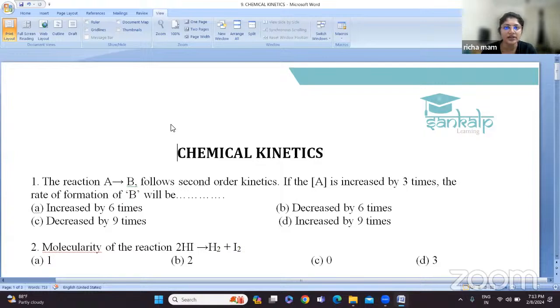The reaction A to B follows second order reaction kinetics. If the concentration of A is increased by 3 times, the rate of formation of B will be: increased by 6 times, decreased by 6 times, decreased by 9 times, or increased by 9 times.